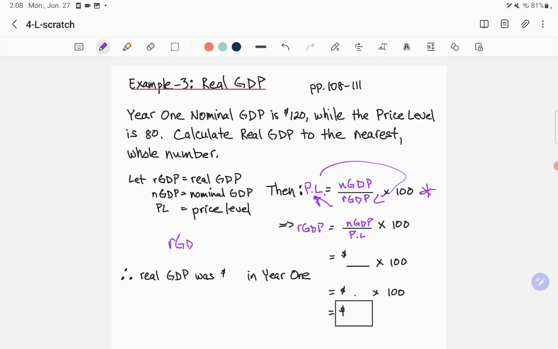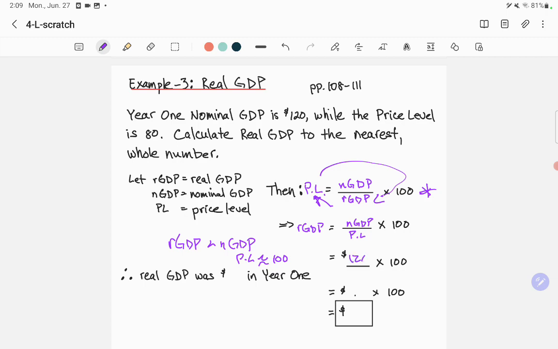So real GDP should be less than nominal GDP. Price level is usually greater than 100. So if you look at the math here, is it going to give you the right result, where real GDP is less than NGDP? Yeah, it should be.